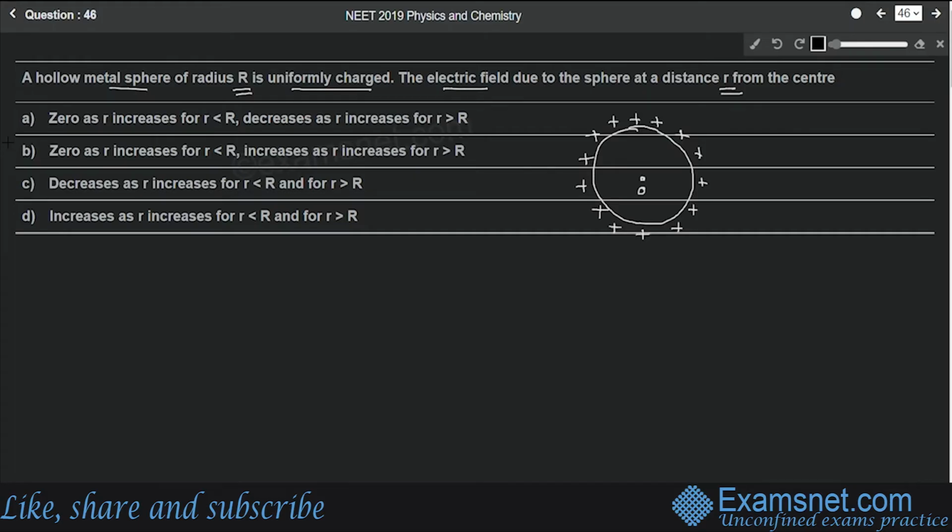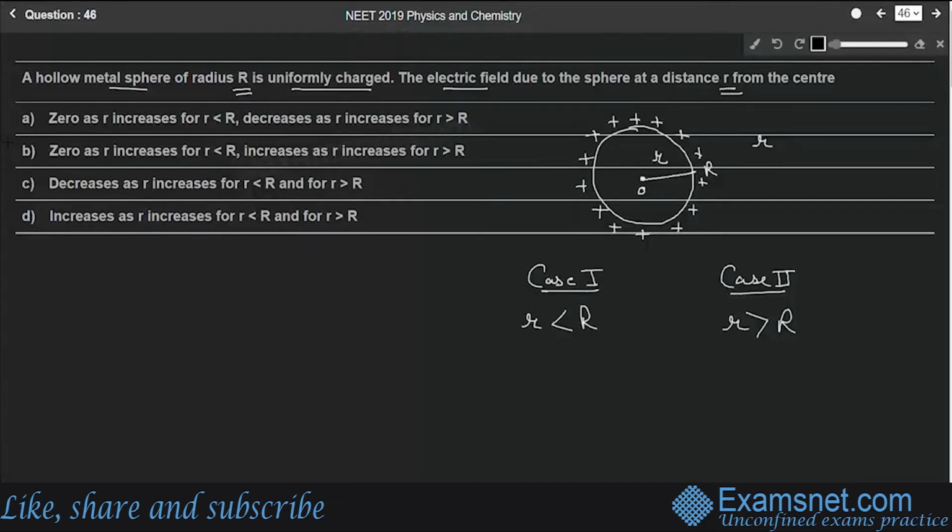Either this distance r can lie somewhere inside the sphere, or it can lie somewhere outside the sphere, right? Now if this is the radius, then in case 1, that means when the point is inside the sphere, this r will be less than capital R, that means it will be smaller than the radius. Whereas in case 2, where the point lies outside the sphere, this r will be more than the radius.